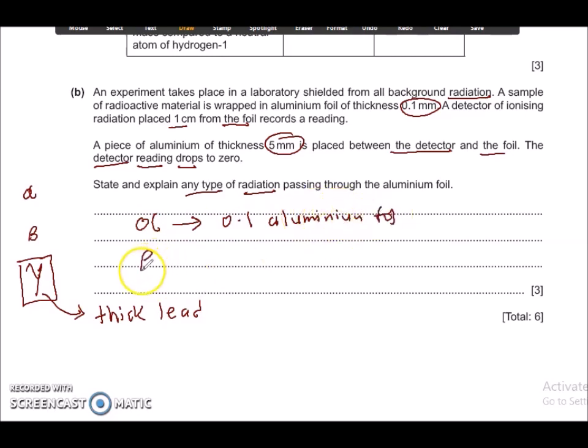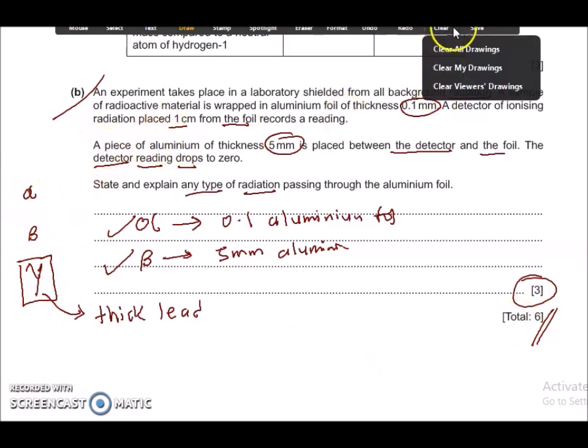However, beta can be stopped by 5 millimeter of aluminium. So there are only these two rays in this experiment, and this explanation will give you 3 marks over here. So we have ended the paper with this question. All the best for your IGCSE. Thank you.